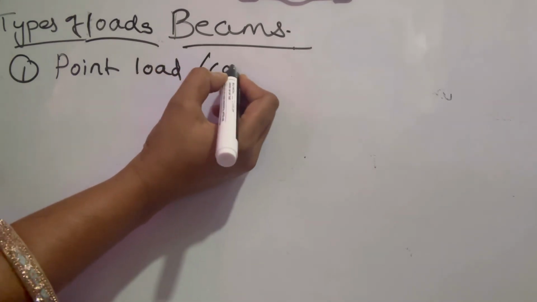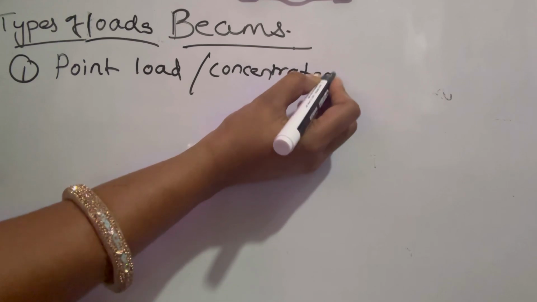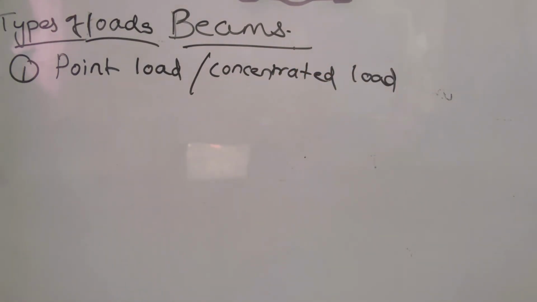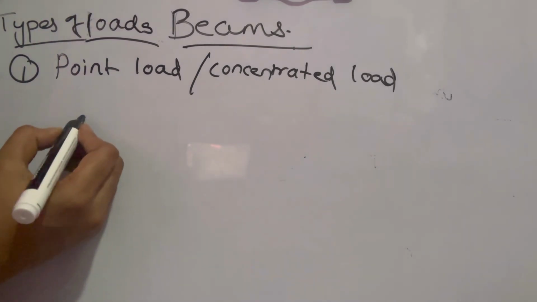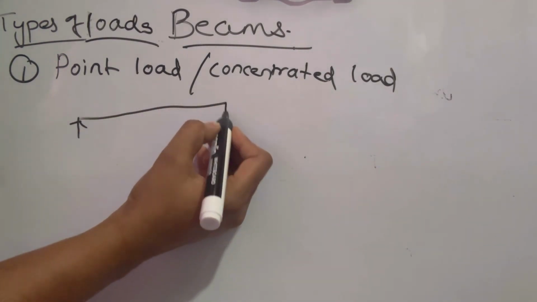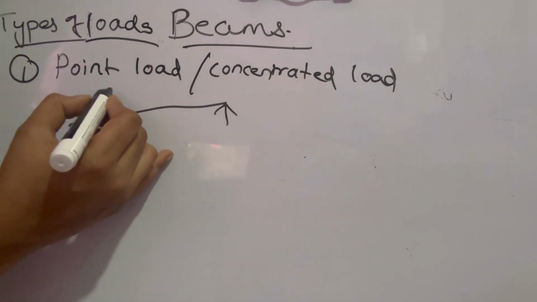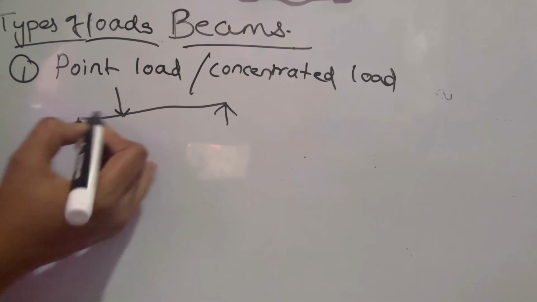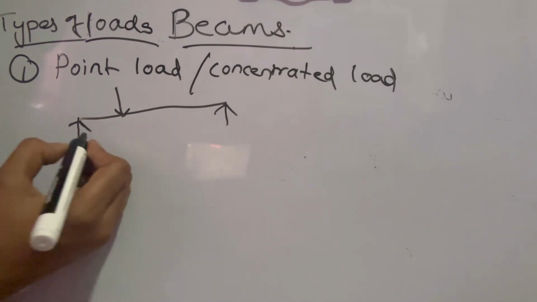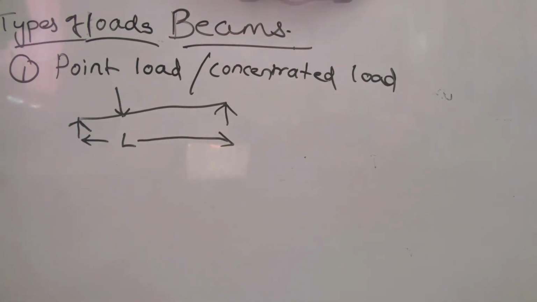Then we have types of loads. In the types of loads we have three different types of load. First one is a point load or the concentrated load. Point load is a load acting at any distance. If this is a beam, okay, this is simply supported, and the point load is denoted like this, and it is located at any point, not necessarily at the center, it can act at any point.